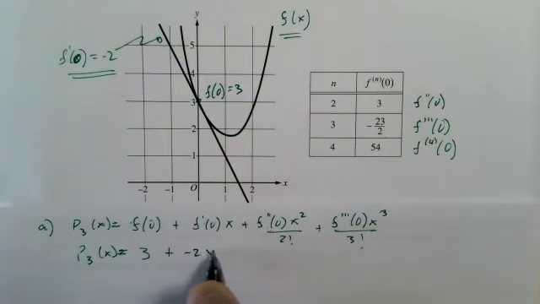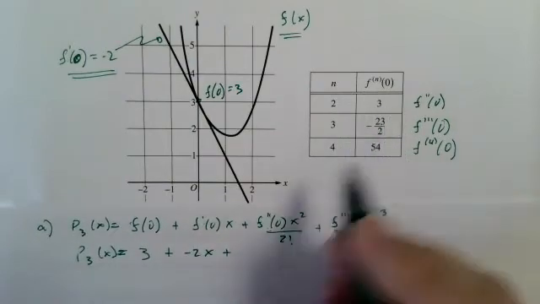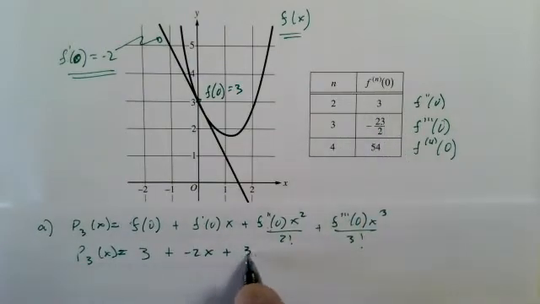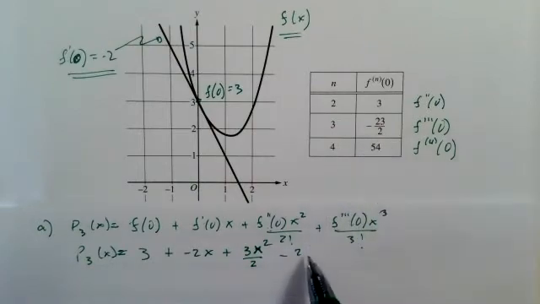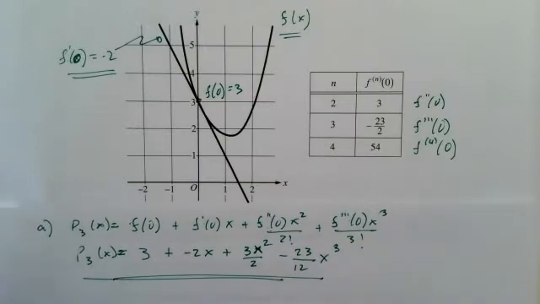Plus -2x plus 3x squared over 2. What about 2 factorial? Well, that is 23 over 2 times 12, 23 over 12 x to the third. I believe that's 2 points, but check your answer key.